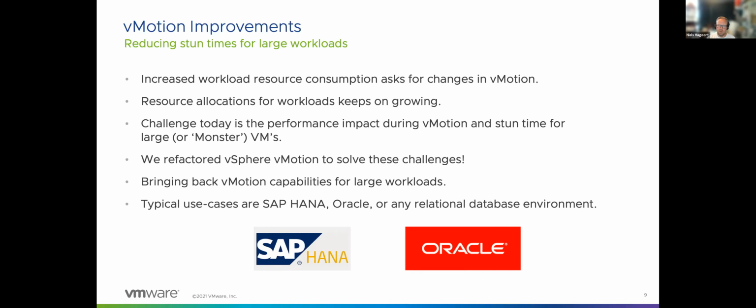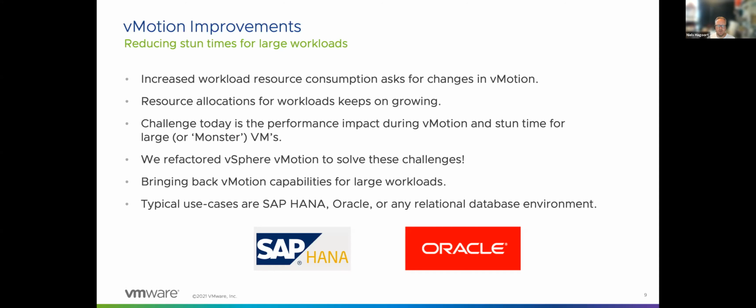Not only from a performance perspective, because we can balance across the cluster, but also from an operational point of view. If we want to do maintenance on our hosts, we want to be able to live migrate virtual machines off of a specific host, right?